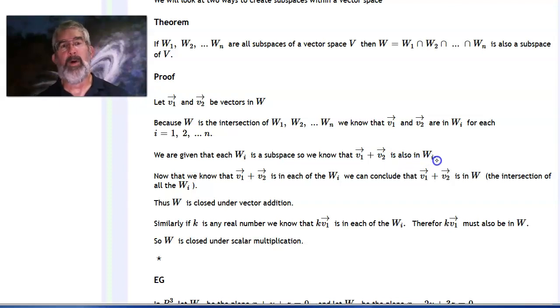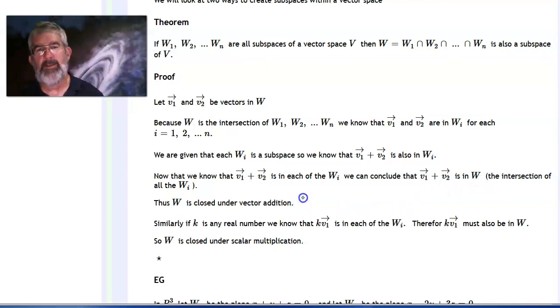Hence we can conclude that V1 plus V2 is in W, because W is the intersection of all of them. If something is in each one, then that's what the intersection is. So V1 plus V2 is in each of W1, W2, up to Wn, and therefore it's in W. So we are closed under vector addition.